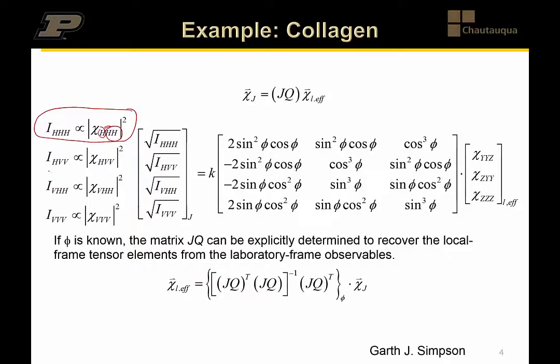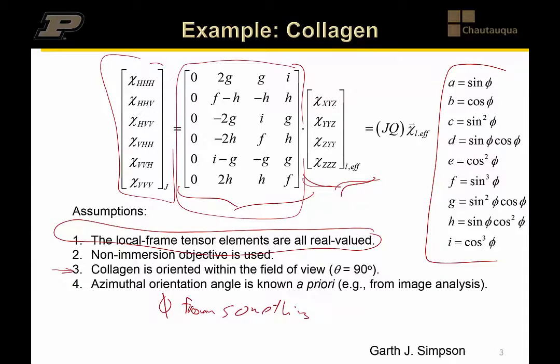We can repeat this for every polarization combination. We can look at the intensity on the horizontal detector for both horizontal and vertical incident light, and also the intensities on the vertical detector for horizontally and vertically polarized incident light. That gives us four observables that are related to the accessible elements of the chi2 tensor.